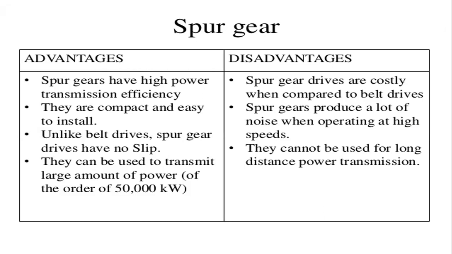And coming to the disadvantages, spur gear drives are very costly when compared to belt drives. When compared to belt drives and other types of drives, these spur gears are somewhat costlier, and they produce a lot of noise when operating at high speeds. Generally, when you transmit power at very high efficiency, there is some amount of noise.